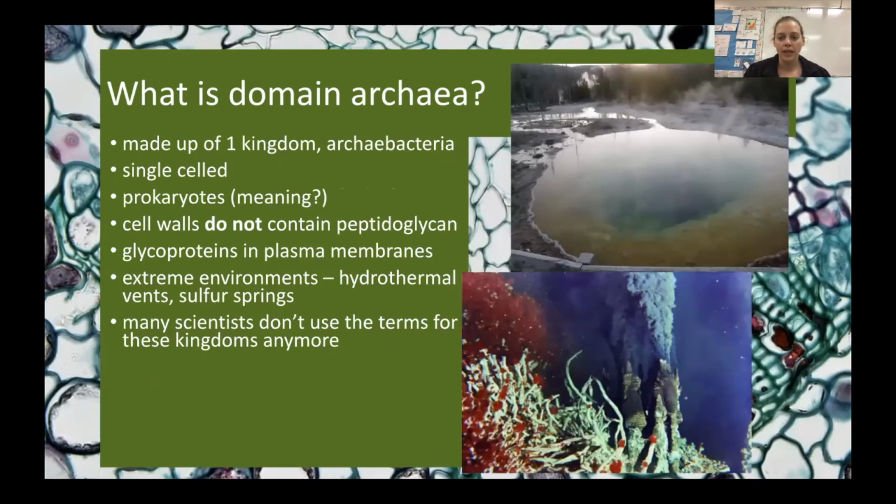If we look at domain archaea, they also have only one kingdom, the archaeobacteria, and they're also single-celled, but a lot of times we don't see these cells actually leave each other, so they tend to stay together in a little population. Here you can see some archaea that are living in Morning Glory Pool in Yellowstone National Park, and if you see the different colors, these are different species of archaea that live in different temperatures.